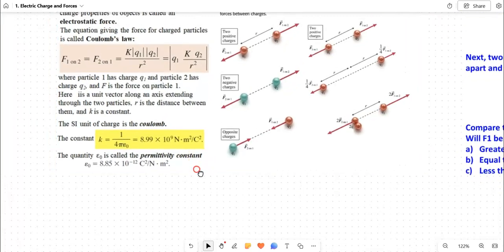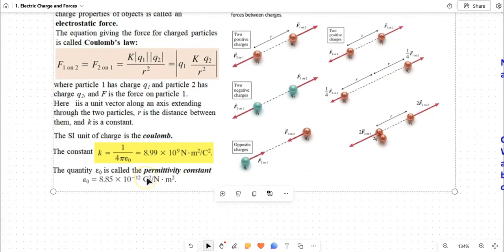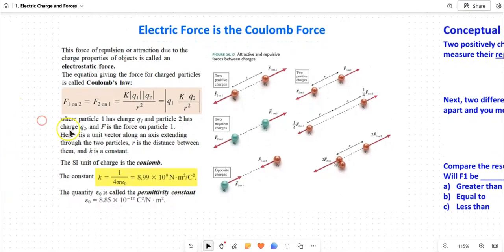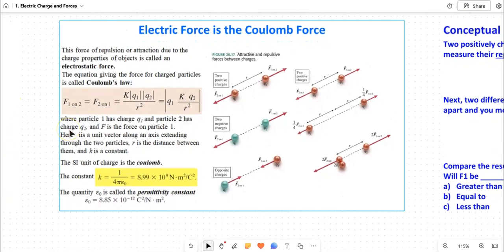It is 1 over 4 pi epsilon naught, where epsilon naught is the permittivity constant of free space. We're not going to worry about the 1 over 4 pi epsilon naught right now. Later on in our calculus class, if you're doing physics 131, when we get into Gauss's law, we are going to get into what the 1 over 4 pi epsilon naught really means.